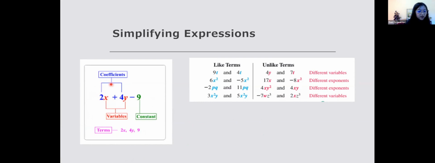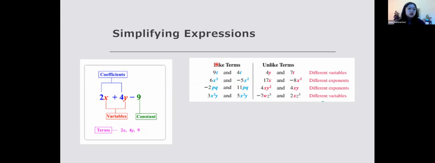The coefficients are always just the numbers, and the variables are the unknown numbers. An addition sign or a subtraction sign separates the terms. The terms are multiplications or divisions, or just standalones. And a constant is a number by itself, because a number is constant. 9 is always 9. You can't change that.